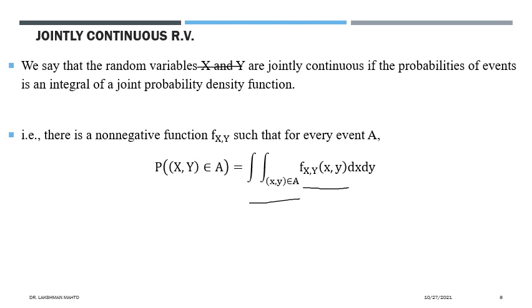If you integrate the density function over that region, we get the desired probability of that event. Geometrically, if you want to visualize it, x is taken along this axis and y along this vertical axis.